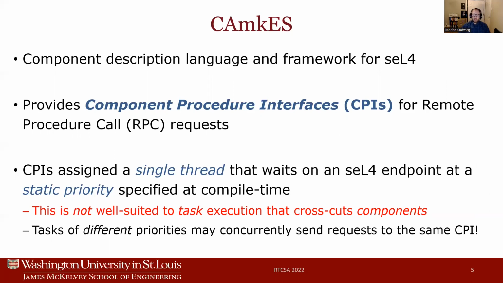So the problem here is that this is not well suited to task execution that crosscuts components. If tasks of different priorities concurrently send requests to the same CPI, the semantics of priority-based preemptive scheduling are broken.